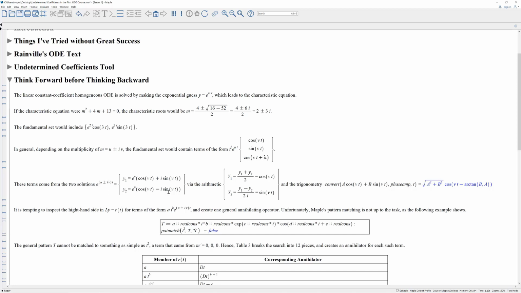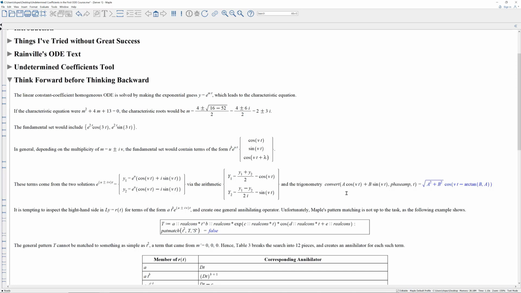And then by arithmetic superposition, really, you add these two solutions and divide by 2, cosine. You subtract these two solutions and divide by 2i, and you get sine. So that's why you don't write down these two complex solutions. You write down these two real solutions as members of the fundamental set.